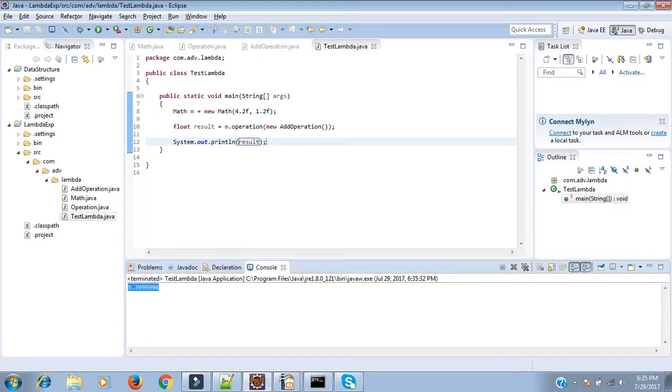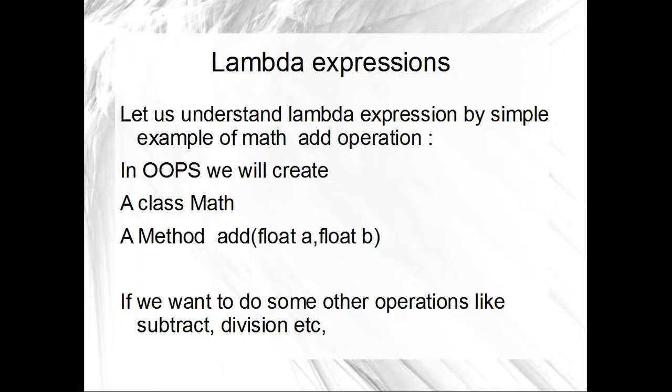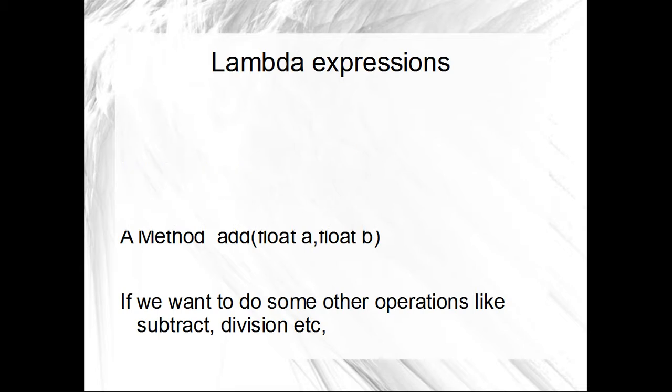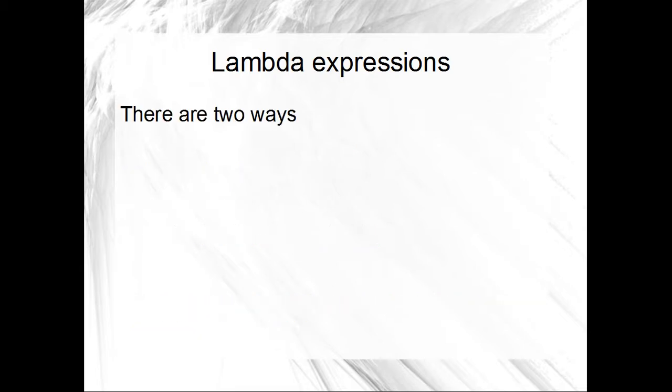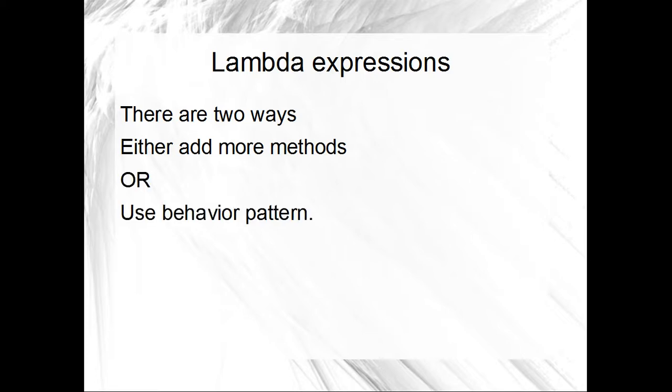So this is correct. This is the object oriented OOPs concept. So every time you have to create a new behavior if you want to change the behavior of a method. But in lambda expressions you can do it very easily. We will discuss this in the next slide. There are two ways, as I told you, either add more methods in the class or use the behavior pattern.